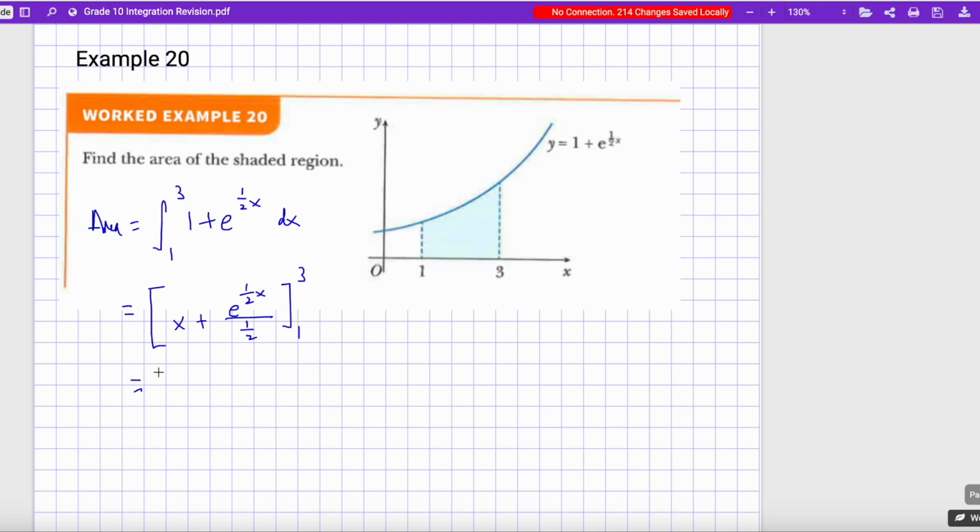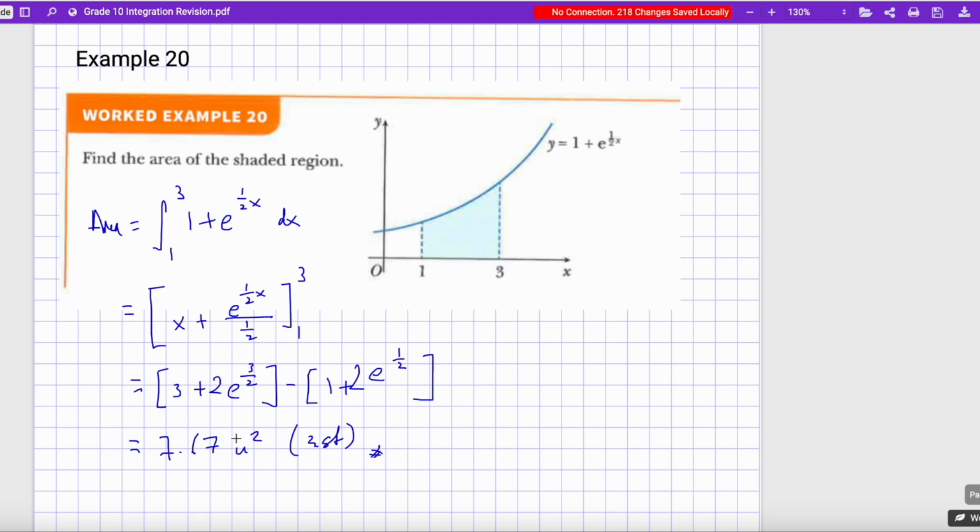We should have 3 plus 2e to the 3 over 2, minus, substituting 1 in, 1 plus e to the power of half, divided by half, so this should be 2. We can just evaluate that on your calculator. You should be able to get 7.67 unit square. Leave your final answer in 3 significant figures.